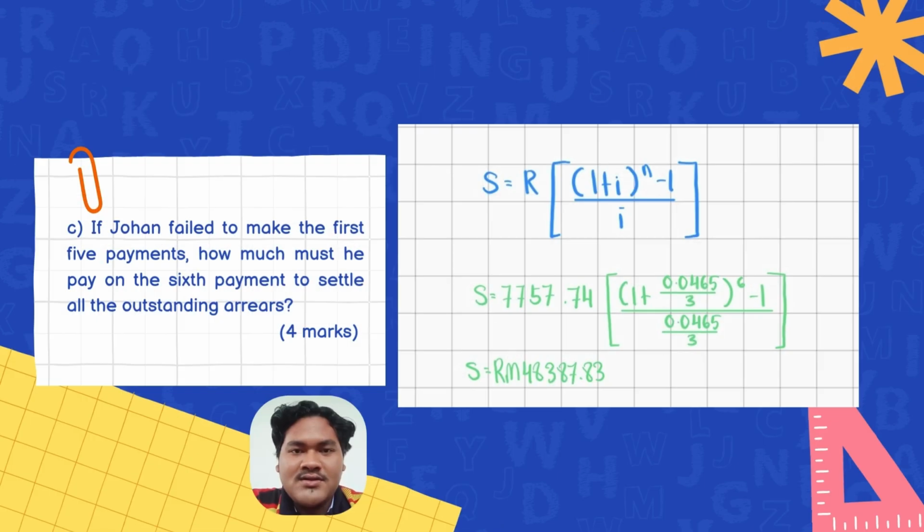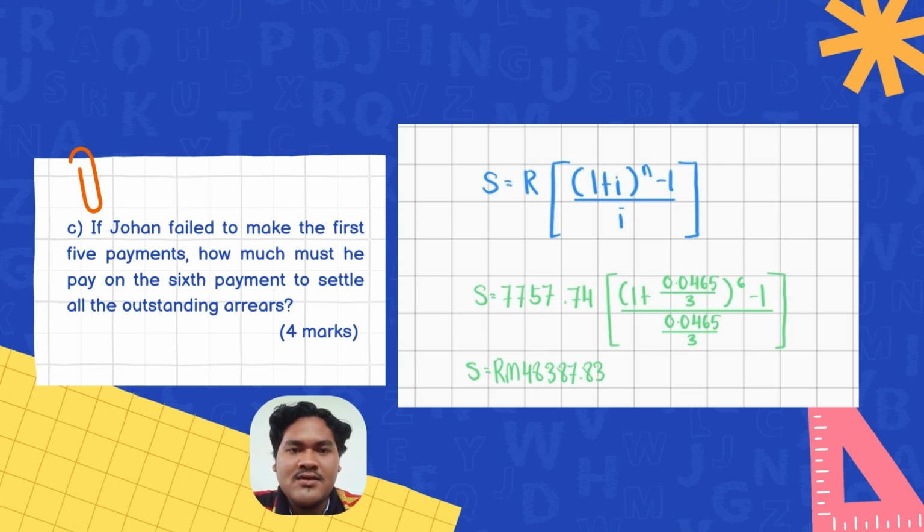Horizon Bank, S equals 7,757.74 [(1 plus 0.0465 per 3) to the power 6 minus 1] per 0.0465 per 3.